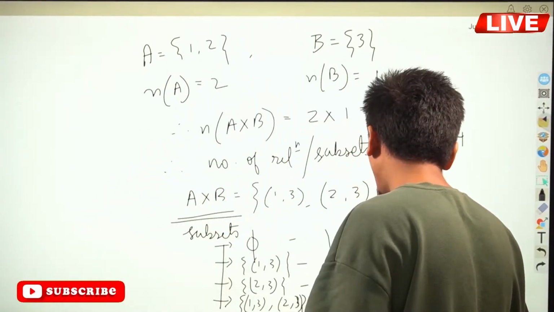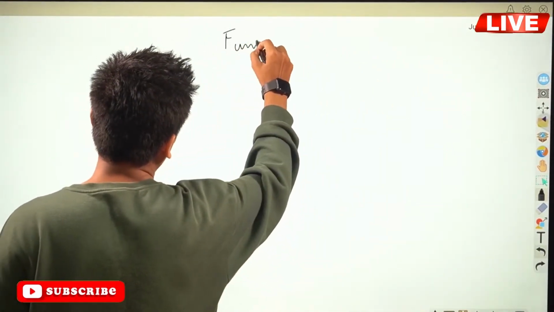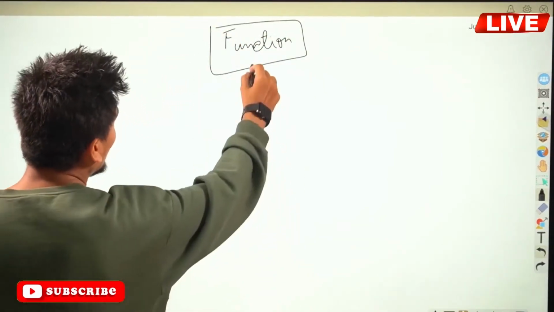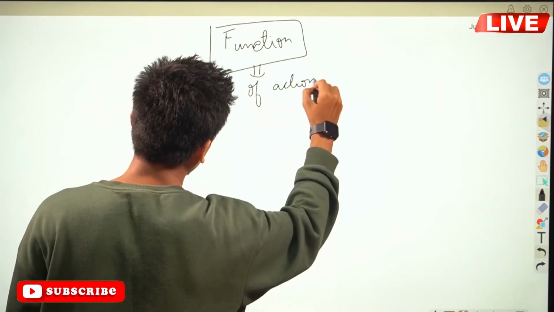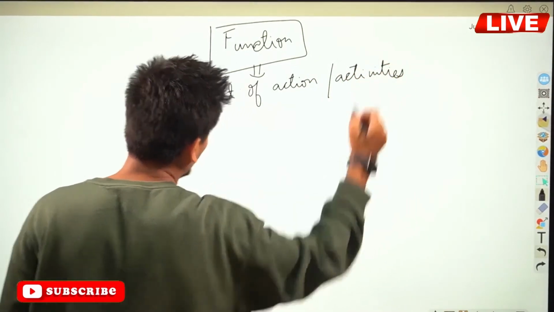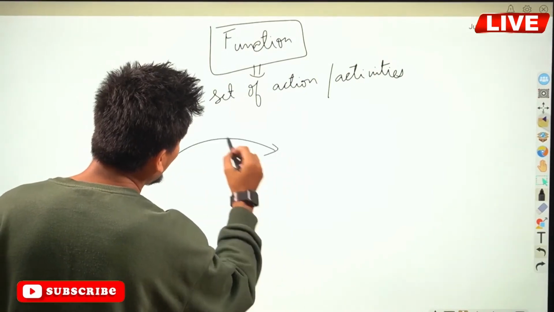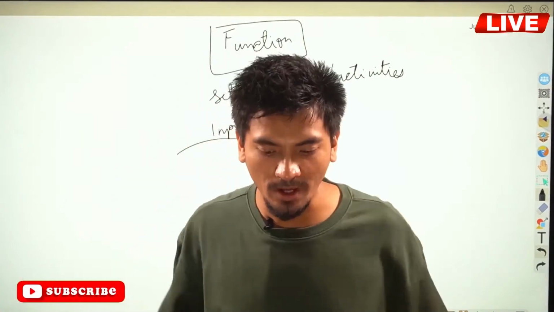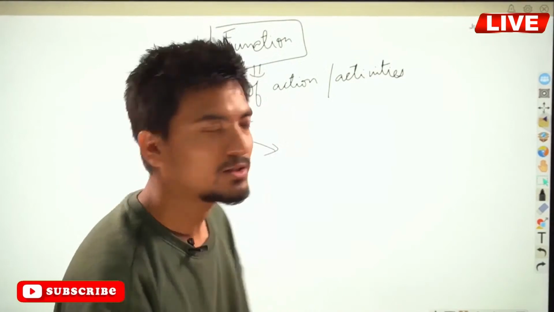So now, if I have to define function, then this is nothing but a set of actions or activity. What activities you are doing, right? Basically, if we give some input, say for example, there is one machine, say the fan, we are giving input, that means we are switching on the switch.